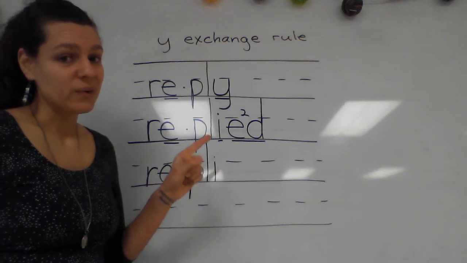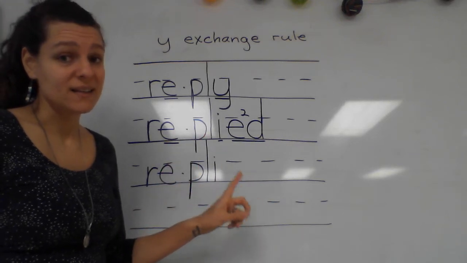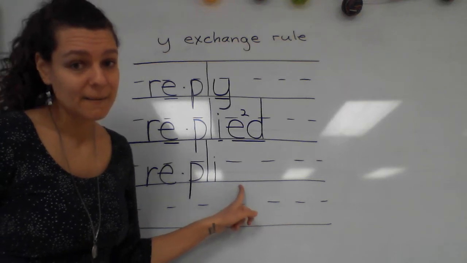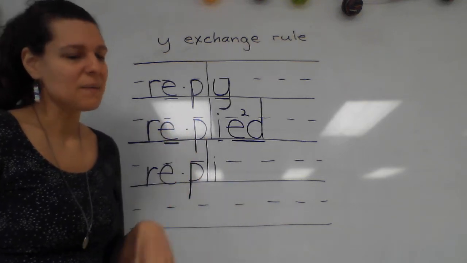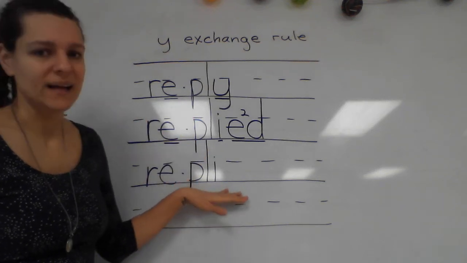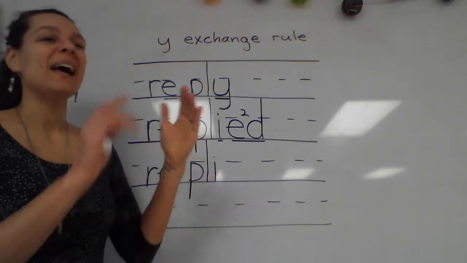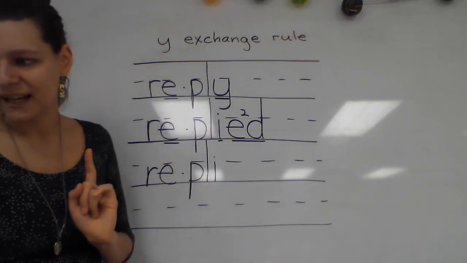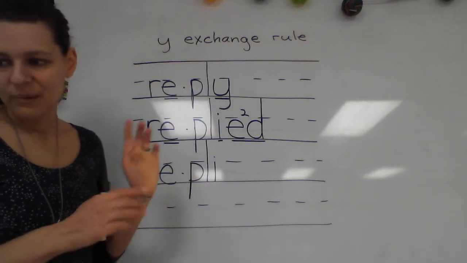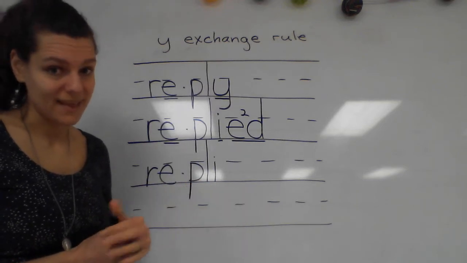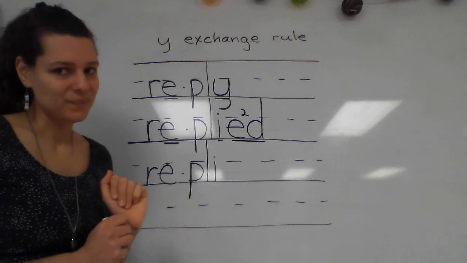All right, we know we're going to have to add the Z sound, but which Z is it going to be? Good, Z. So anytime we do our Y exchange rule and we're adding an S, we have to do a silent E first, and then our Z.